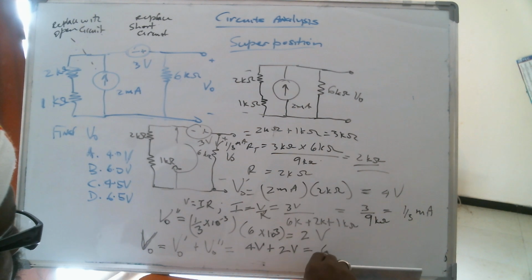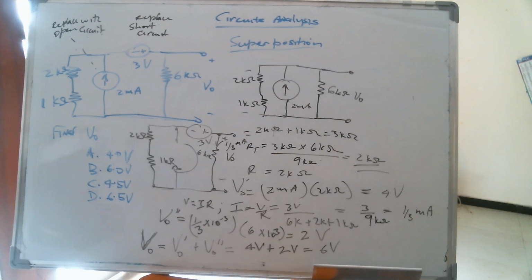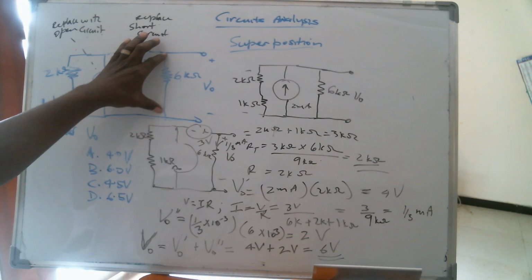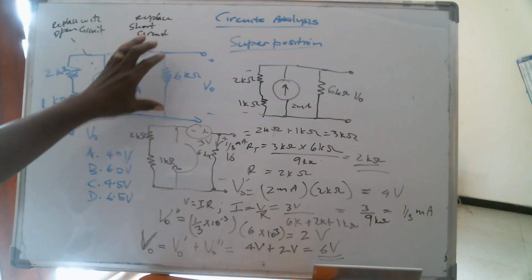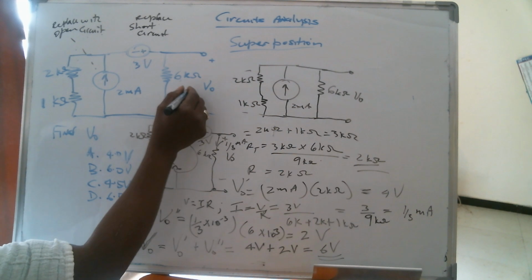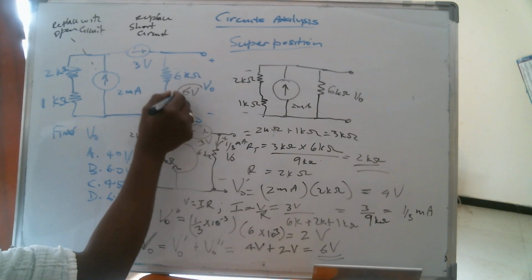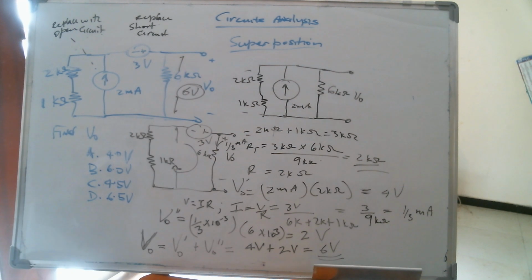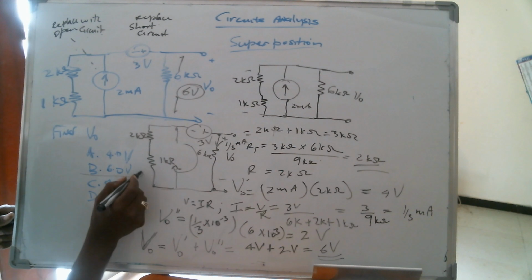That works out to be 6 volts. So 6 volts is the voltage across this point. So here they're going to be 6 volts across it. So the answer here is B.